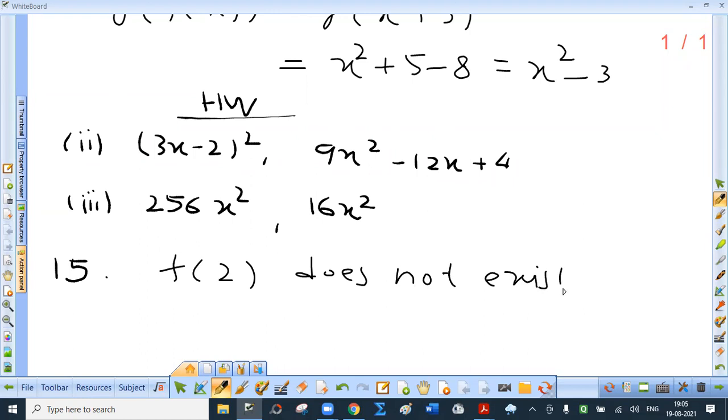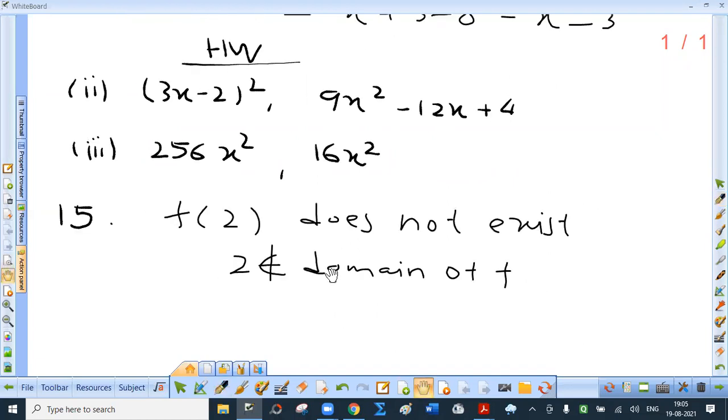Then f of 2 doesn't exist because 2 does not belong to the domain of function f. See, in exam, you cannot say obviously, you have to write that obvious reason.